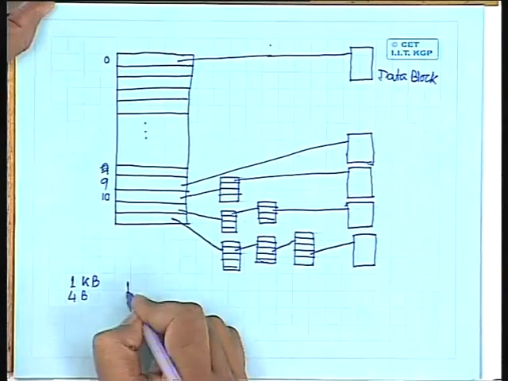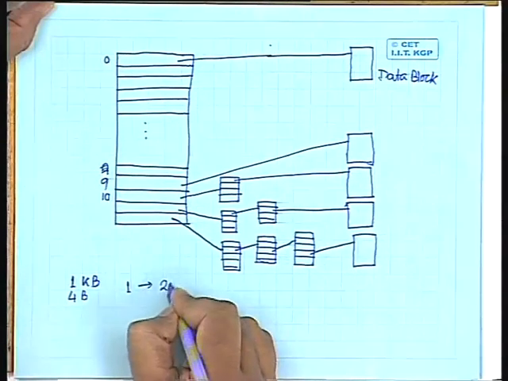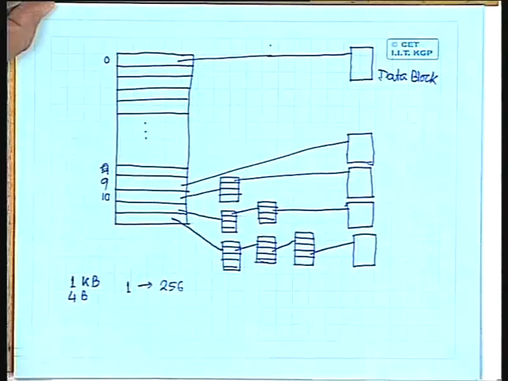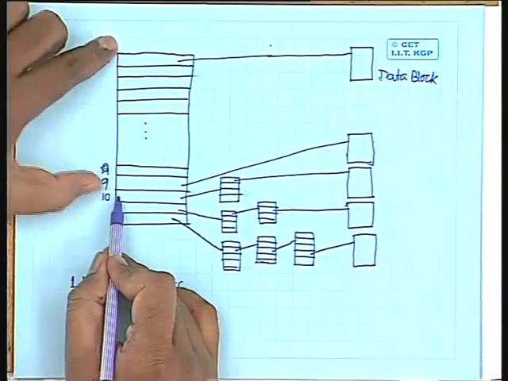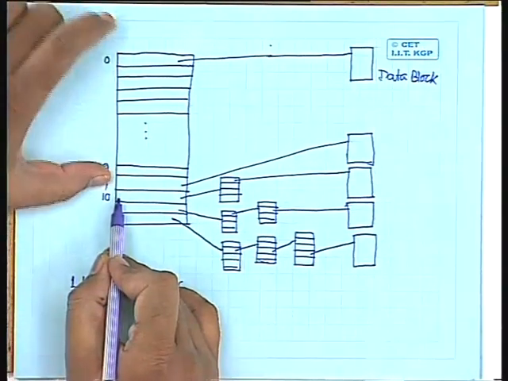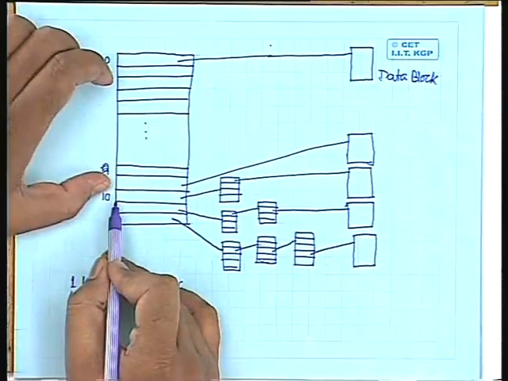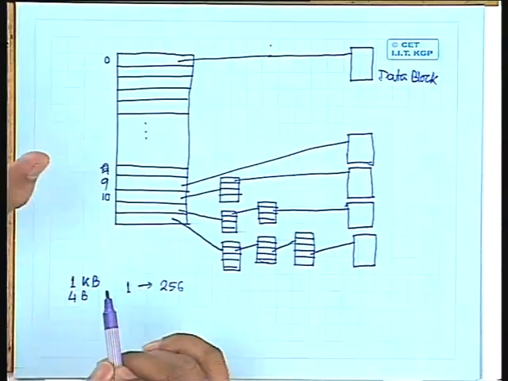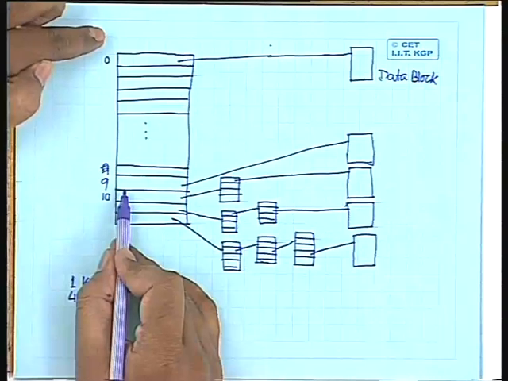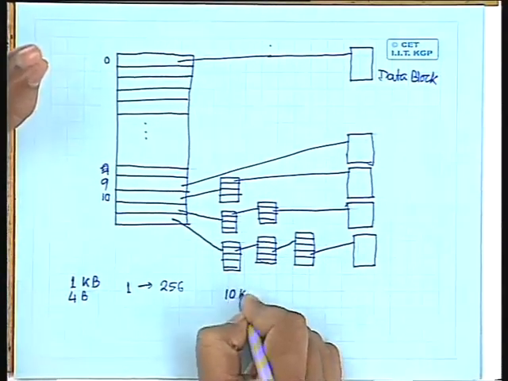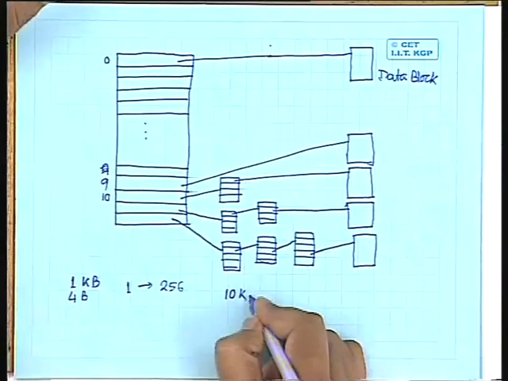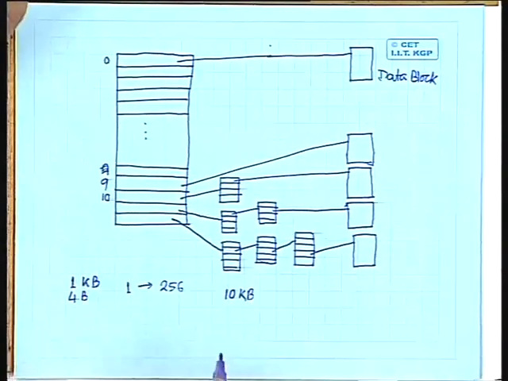That means one block can contain 256 block numbers. Assuming this, I have 10 direct pointers, entry number 0 to entry number 9, which directly point to data blocks. So using these direct pointers, I can access a file of size 10 kilobytes.